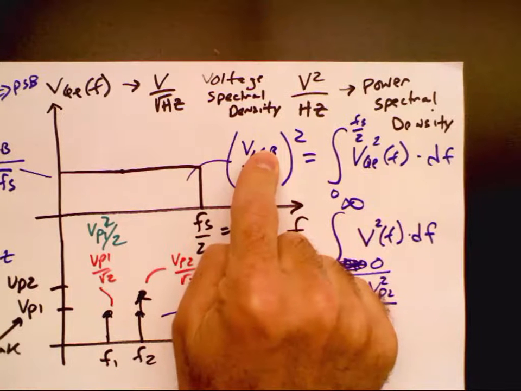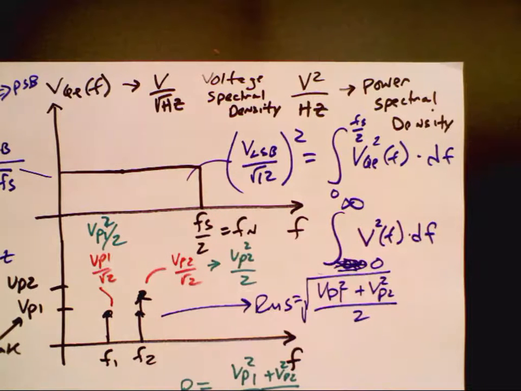So if VLSB was 1 millivolt, I could put a DC value into the ADC, and I could get out 1 LSB noise, or minus 1 LSB, or I could get 0 out. Does everybody follow that?